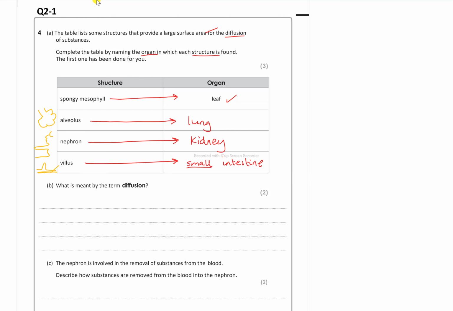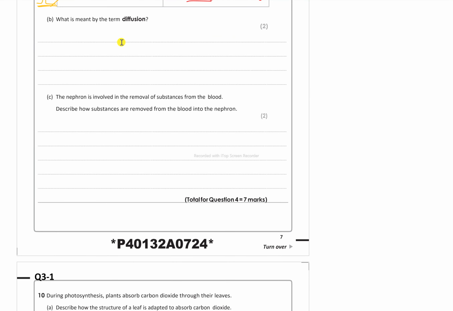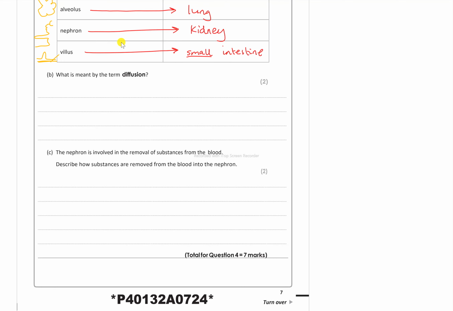Right. What is diffusion? Let's get this right. Diffusion is the movement of particles. Let's use the word particles or molecules.